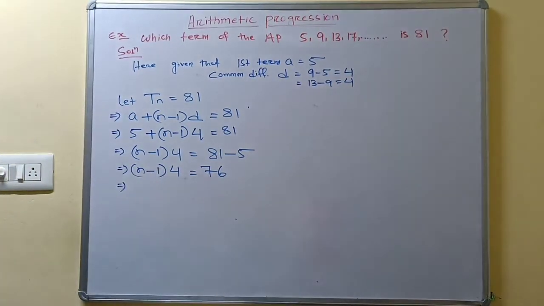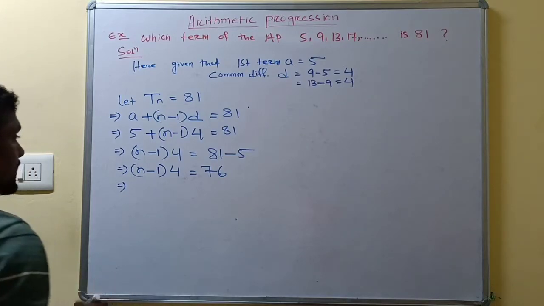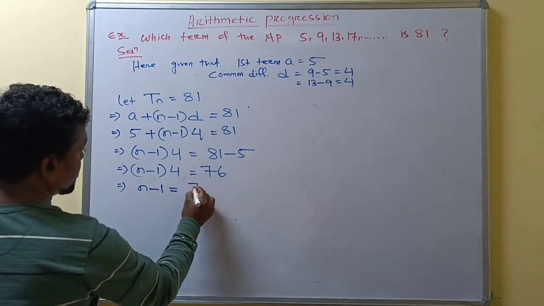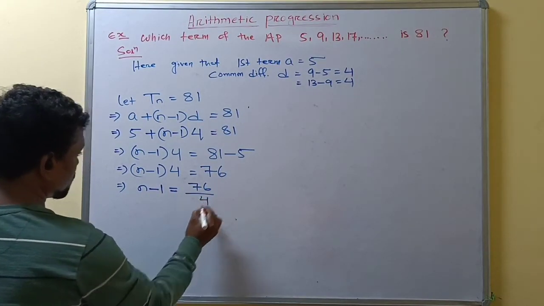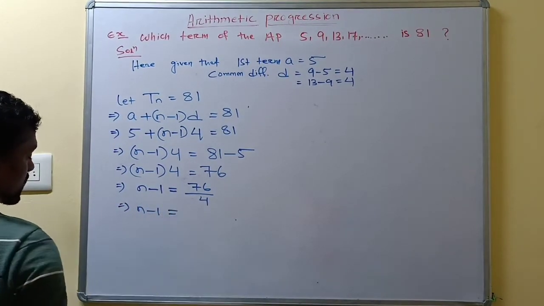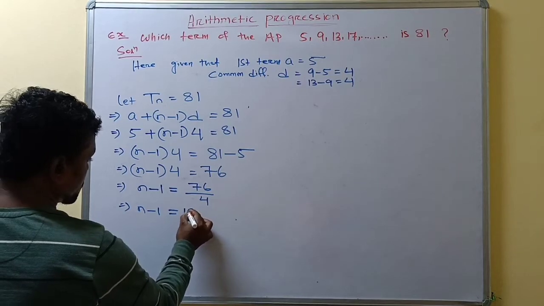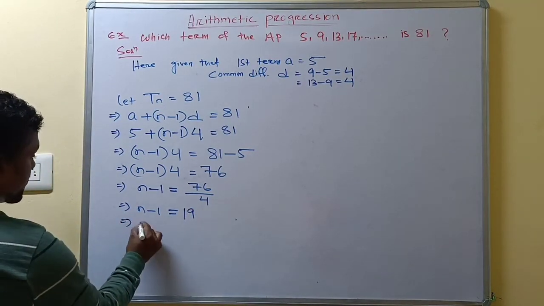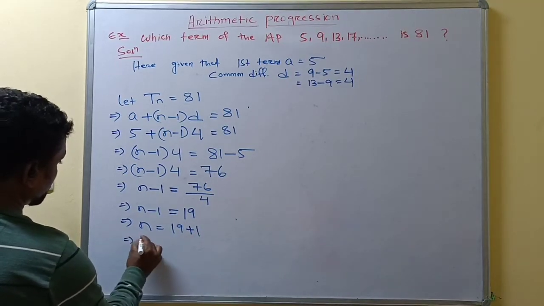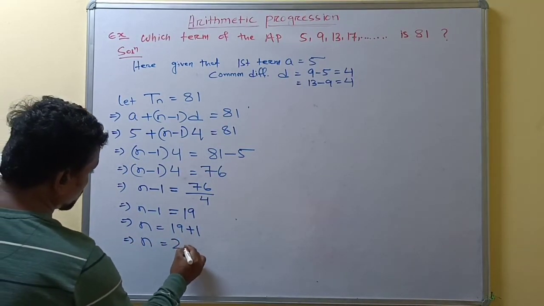This 4 is multiplied with (n minus 1). When it goes to the RHS, it will divide 76. So we can write n minus 1 is equal to 76 by 4. Then we get n minus 1 equals 19. Then n is equal to 19 plus 1. This implies n is equal to 20.